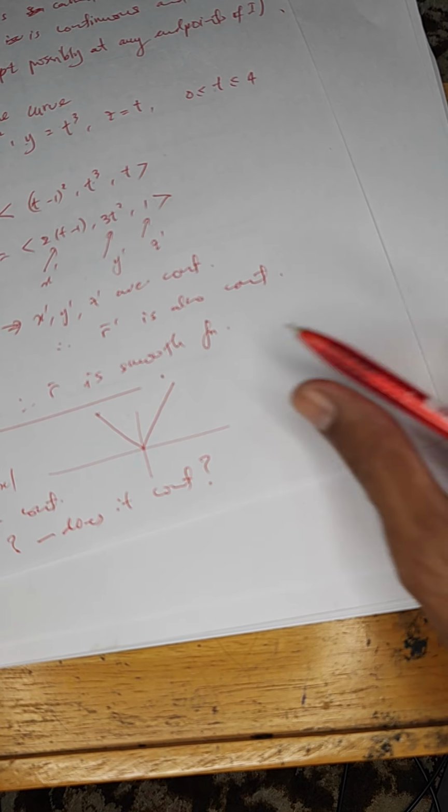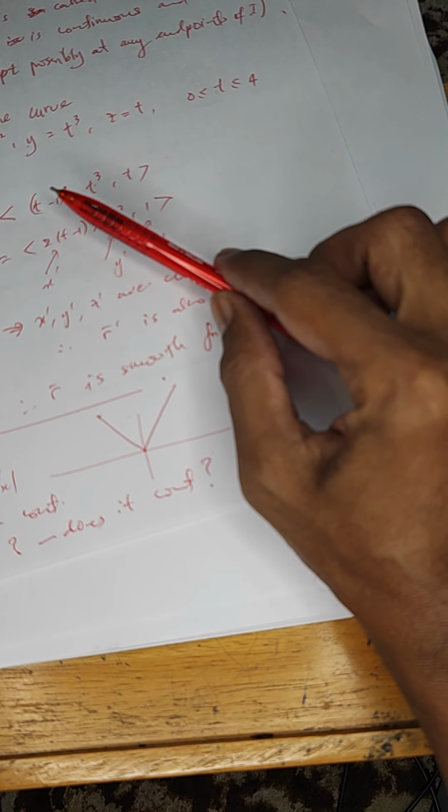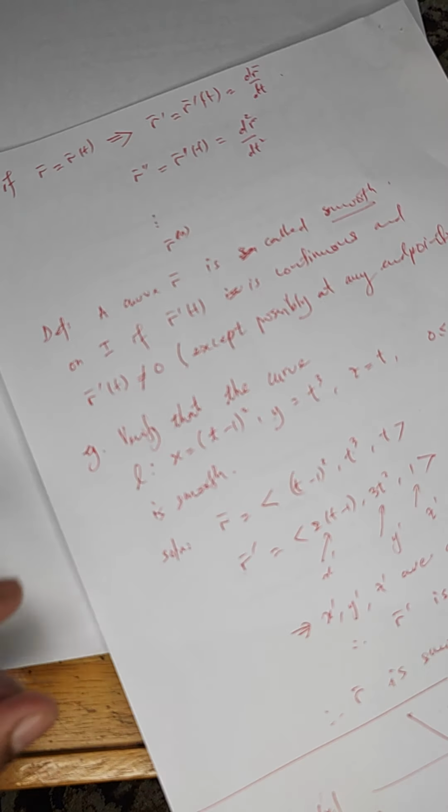I'm not interested to repeat that again, but just to give you an idea that because the vector function is formed from real valued functions as components for x and y and z, and if each of those components is continuous, then of course our vector function is also continuous.